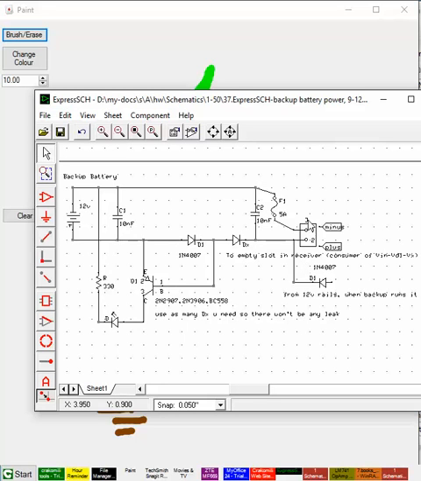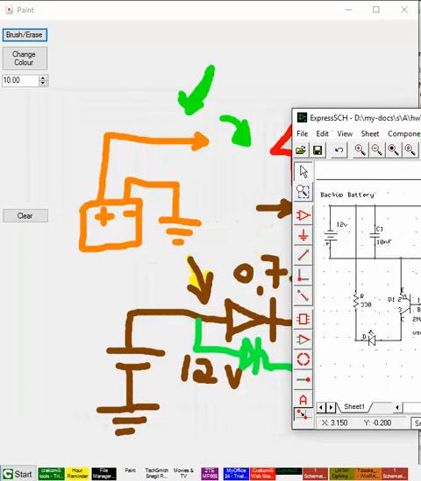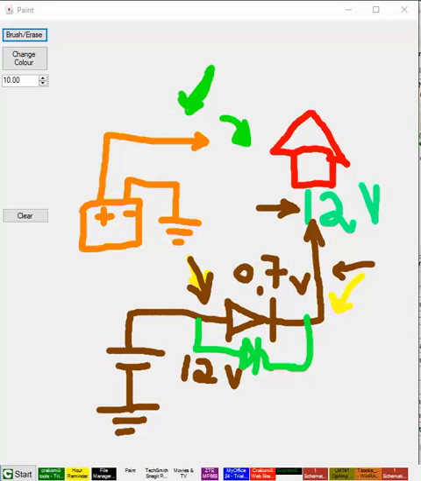So if the voltage drops by more than 0.7, or in this case 1.4, which is twice 0.7 volt, this battery starts to conduct to the other side, and while it's conducting, it depletes the battery and it will not do the good job that it was supposed to be doing.